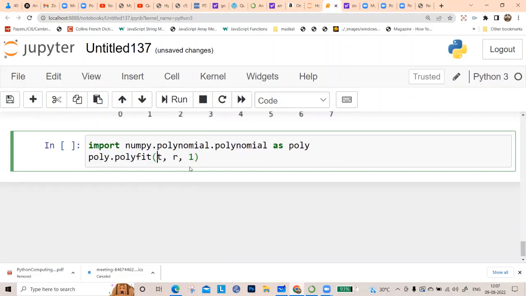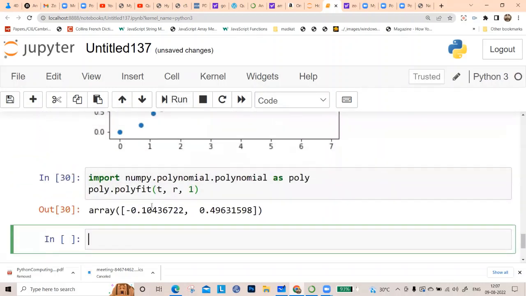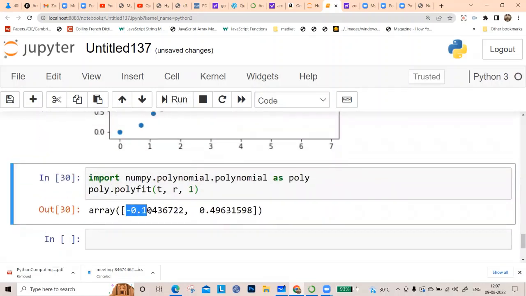Let me do that. Did you see that we have got two coefficients? One is this, one is that. If you write y equal to mx plus c, this is the m, that means the slope, and this is the intercept.